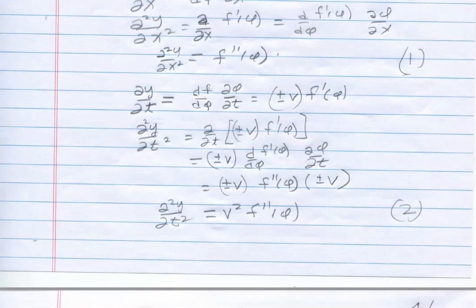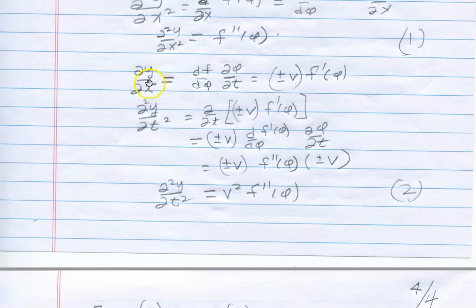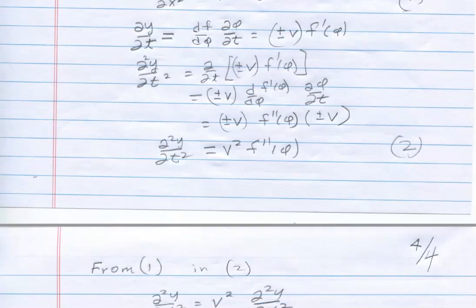And I can do a similar thing for the time derivatives. Again, just use the chain rule to find that one gets plus or minus v, because the phase has that plus or minus v factor in it. And then take another derivative to get the second derivative, and again using the chain rule, I get another factor of plus or minus v. And when I multiply these, it doesn't matter.